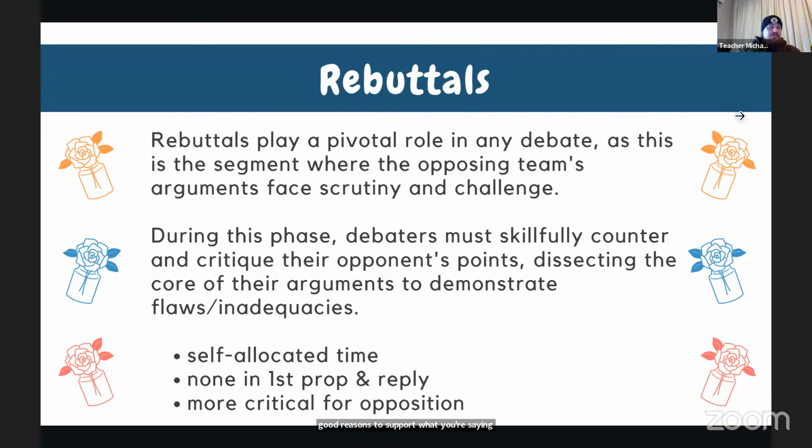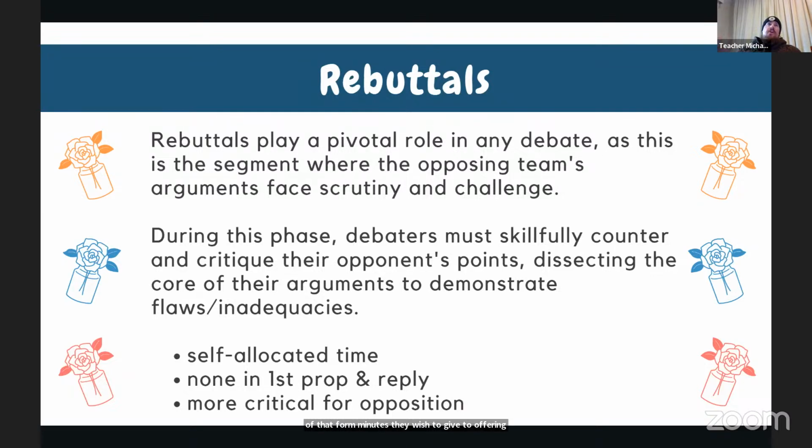Now, the points of a rebuttal, we see down the bottom there, we've got self-allocated time. Rebuttals take place during the substantive speeches. So like we said, each speaker in the debate gets 4 minutes, and it's up to each speaker to choose how much of that 4 minutes they wish to give to offering rebuttals.